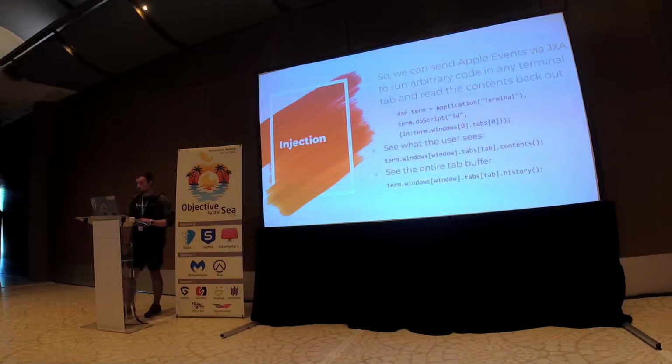But the goal here is that you're able to say, this tab, run this specific thing for me. And that's as simple as getting a handle to the terminal and saying, do script with ID in this first window in this first tab. The downside here is that the user sees what you send because you're just sending these commands into that terminal. So if you send this command in here and you don't want the defender or the user to see it, you can still then issue more commands like clear or exit or whatnot.